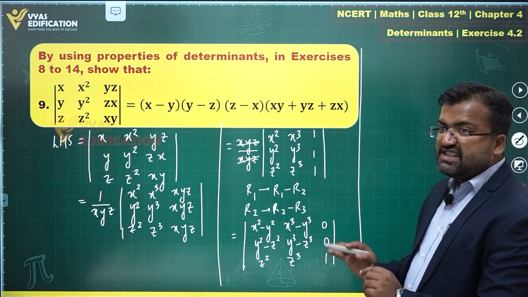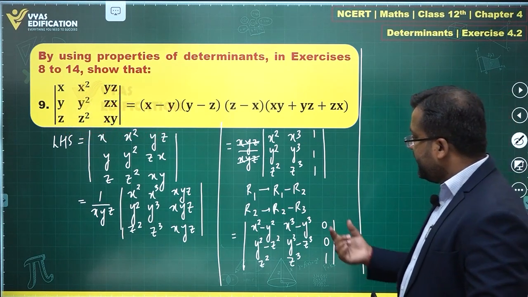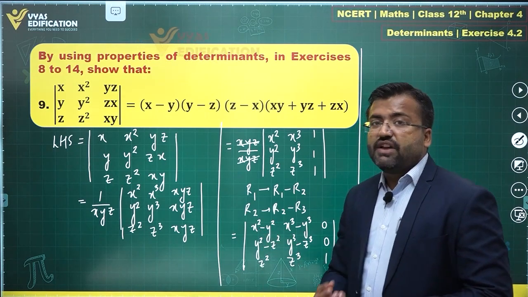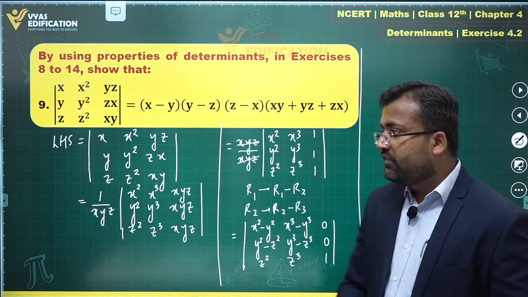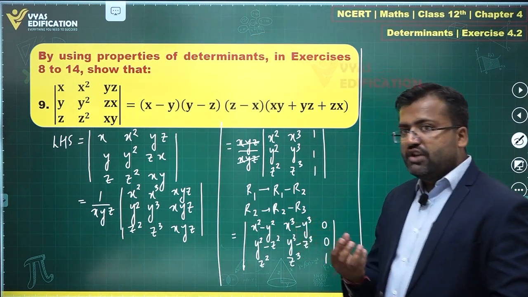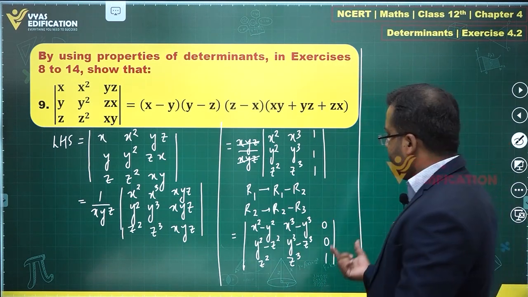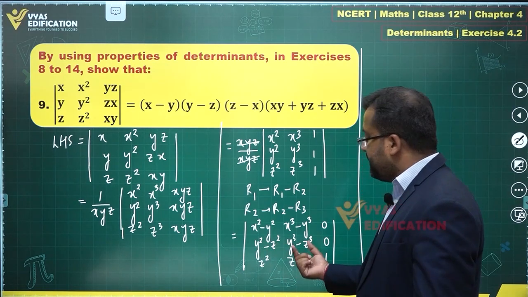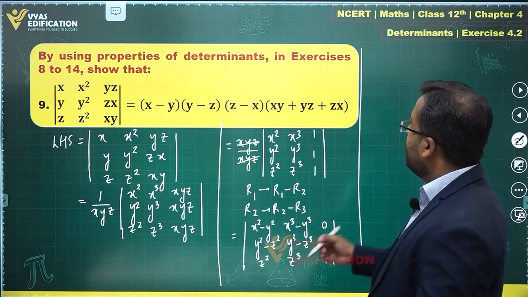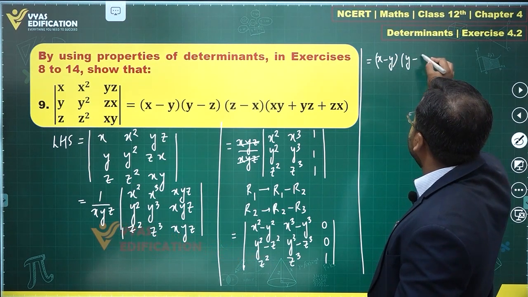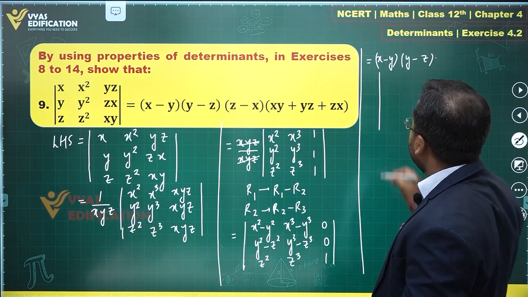Once you have reached this stage, can you observe that you can take out something common from the first row? X square minus y square has a factor of x minus y. X cube minus y cube also has a factor of x minus y. And 0 also has a factor of x minus y. Similarly, in the second row, the factor y minus z comes out common. What will remain is (x minus y)(y minus z) times the determinant.